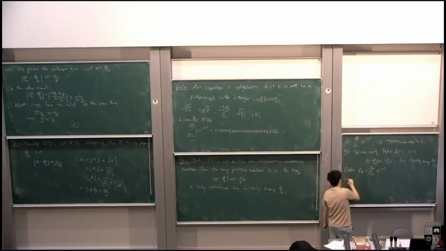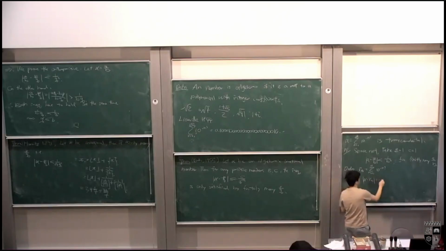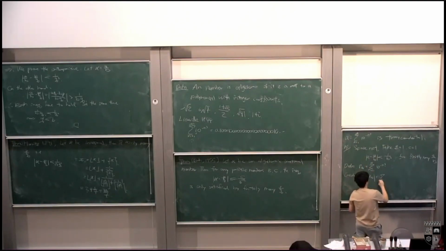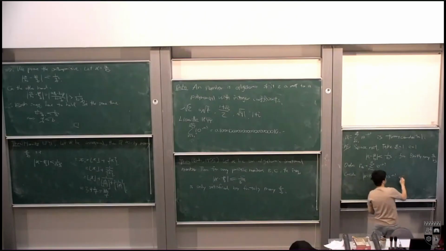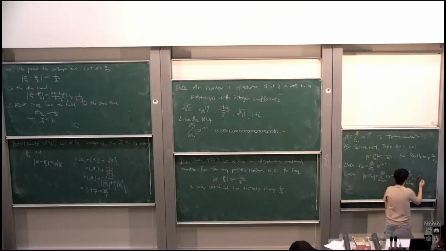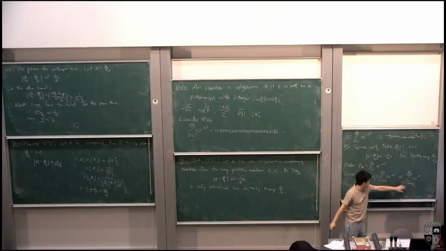Now we consider alpha minus Rn. Alpha minus Rn is what? This minus this, so I start from n plus 1 instead, to infinity, minus n factorial. And this is upper bounded by this, because I have more terms over here than here.